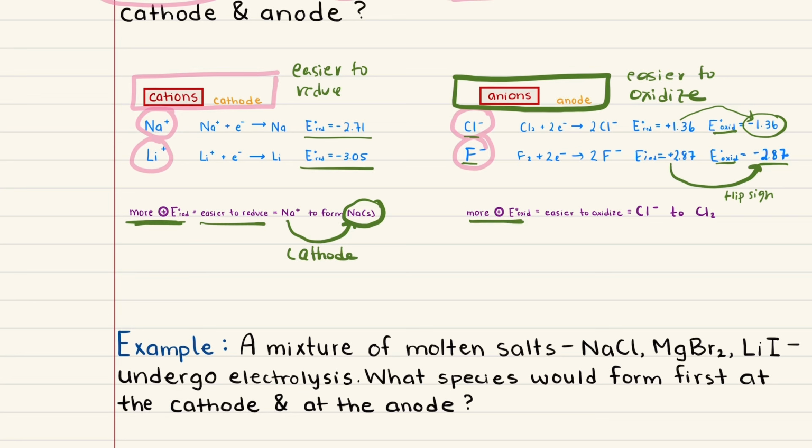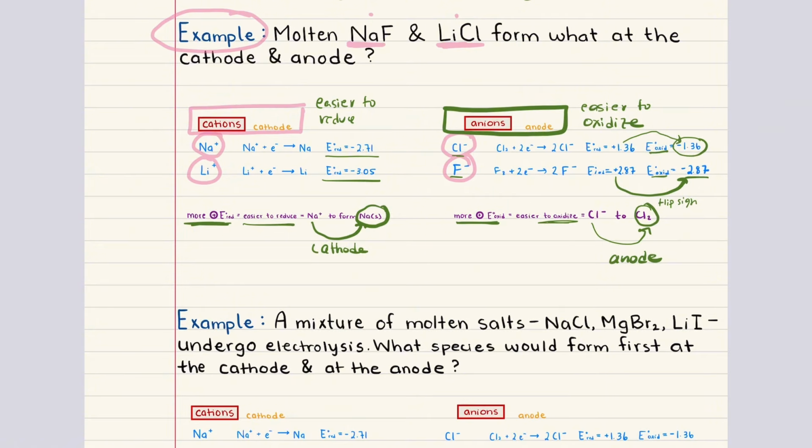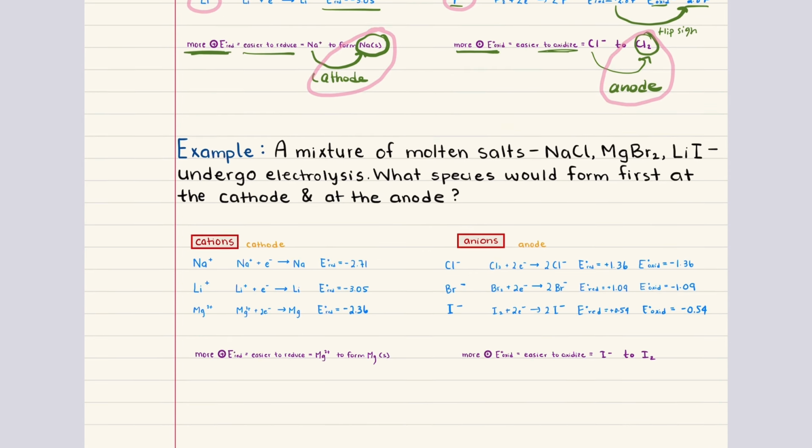The more positive oxidation potential, or the less negative oxidation potential, means the species is easier to oxidize. So chloride is oxidized first, and it produces chlorine gas at the anode. Therefore, molten sodium fluoride and lithium chloride produce sodium metal at the cathode and chlorine gas at the anode.